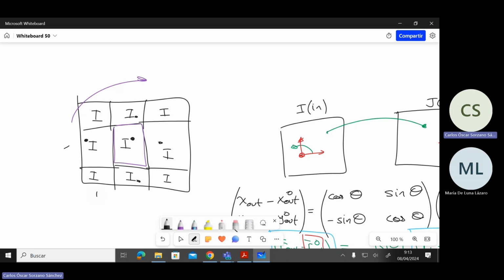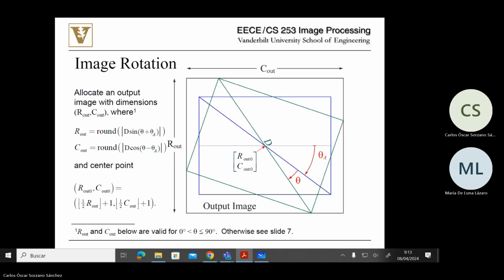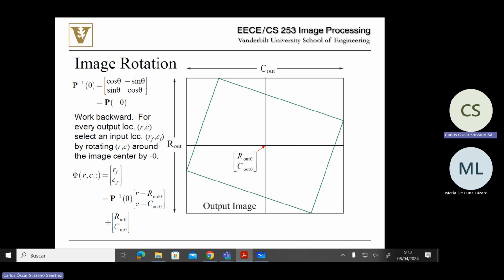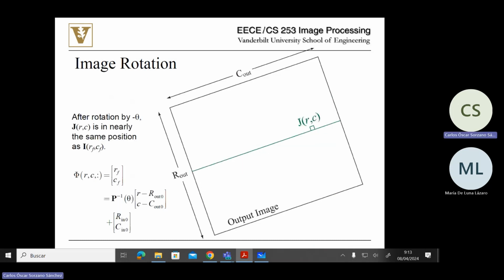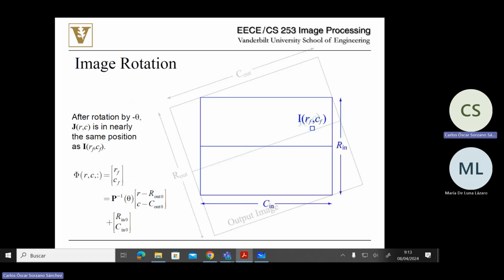So either mirror, make periodic, or fill with zeros. But you have to take a decision about what to have outside. All these details of sizes and so on.